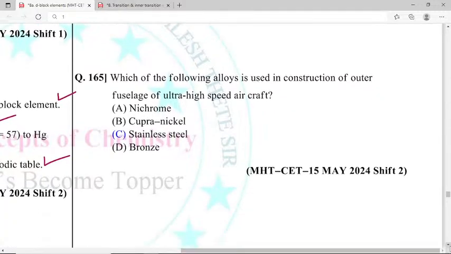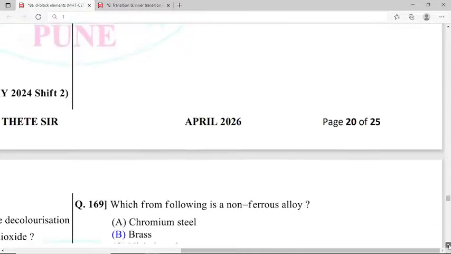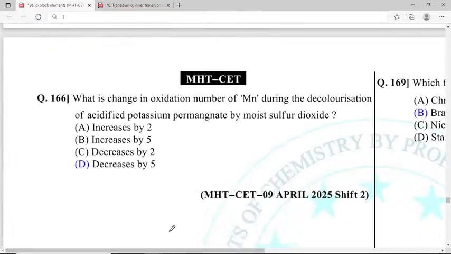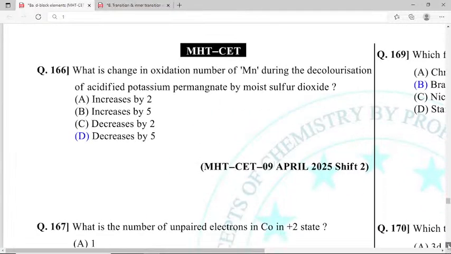Which alloy is used in construction of the outer fuselage of ultra high speed aircraft? Stainless steel. Next question: what is the change in oxidation state of Mn during decolorization of acidified potassium permanganate by moist sulfur dioxide?